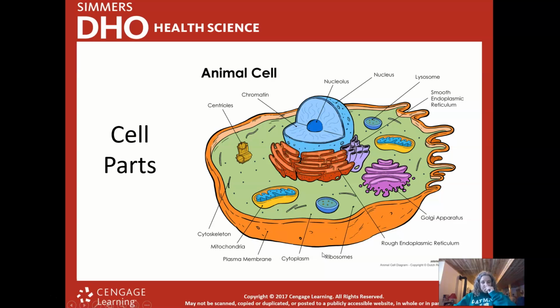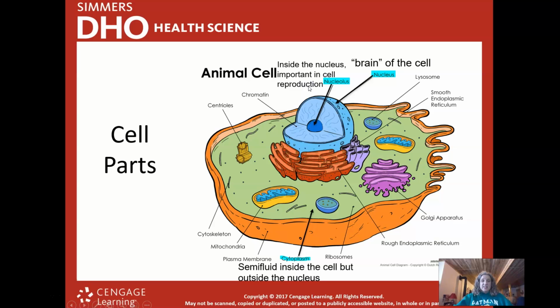Okay, so we're going to review here. The cytoplasm is here, all this green here, and it's the semi-fluid inside the cell, but outside the nucleus. You have the nucleus, which is the large blue, and remember it's the brain of the cell. You have the nucleolus, which is inside the nucleus, and remember you can have one or more. It's important for cell reproduction.